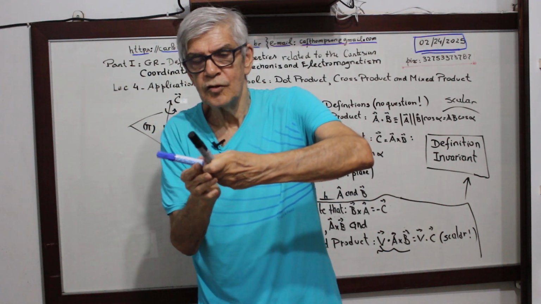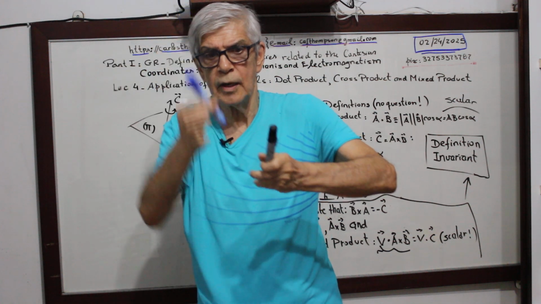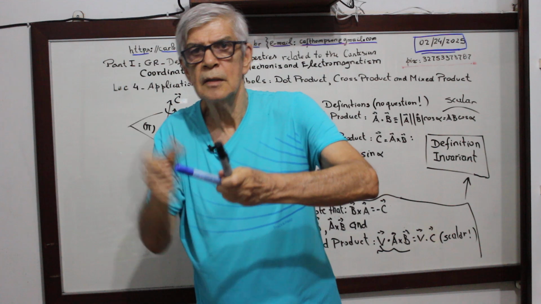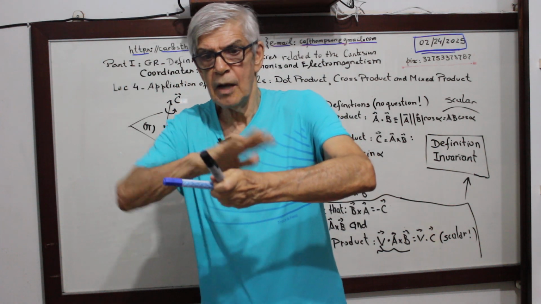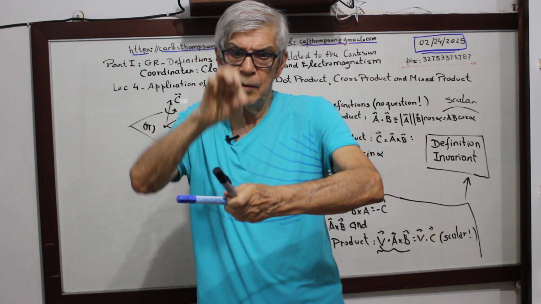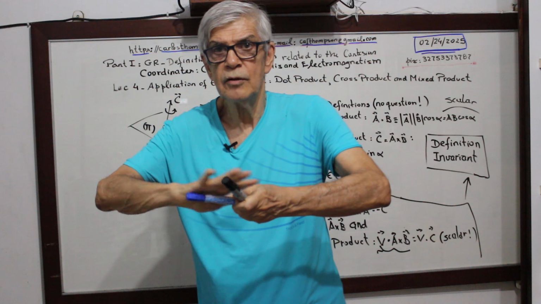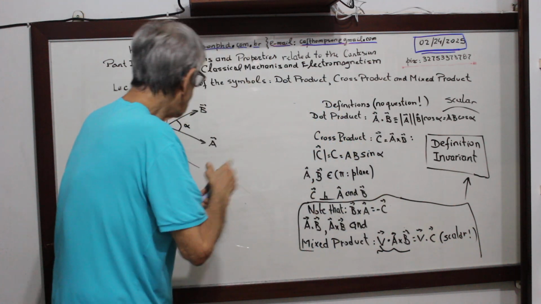Suppose the blue one is A, the black one is B. If I rotate, here is the plane, the vector C will be perpendicular to this plane, by definition.